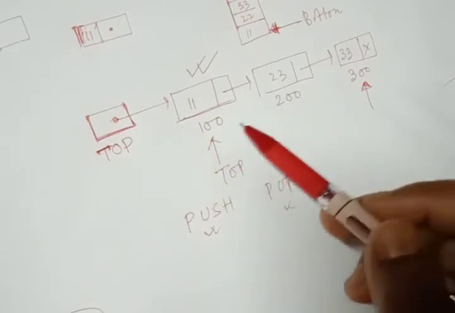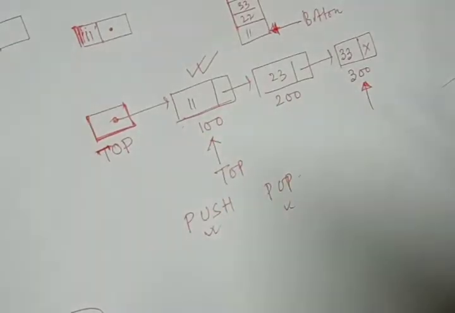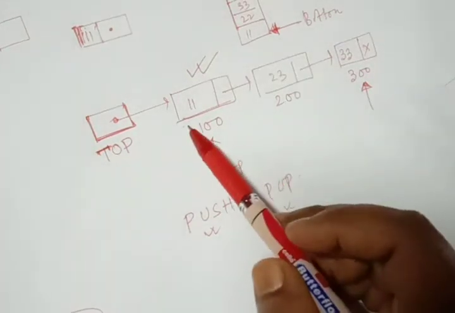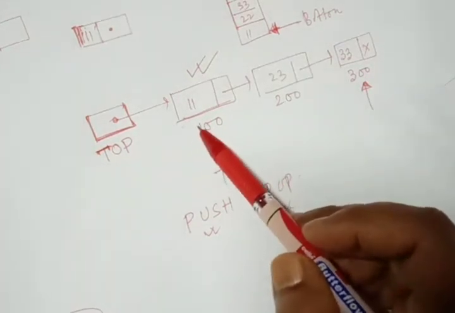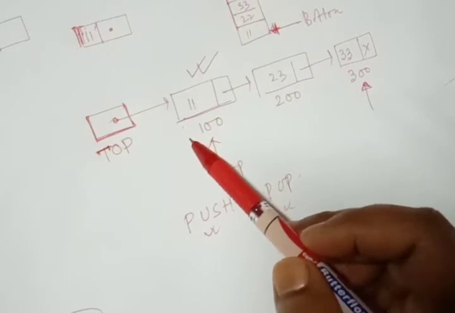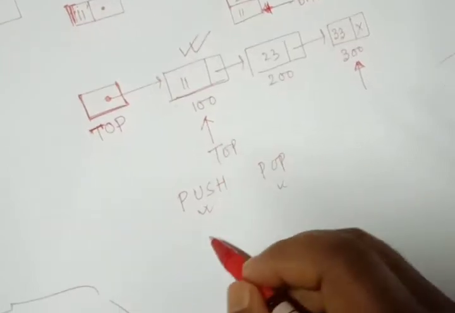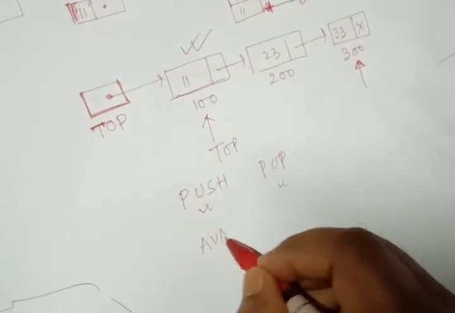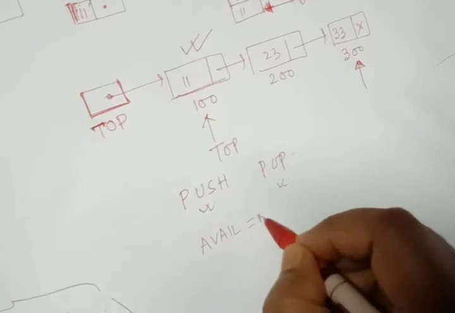And there are two conditions, the overflow condition and the underflow condition. Overflow will occur if the storage list is full, that is, avail is null, and underflow will occur if top equals null. So these are the two conditions we have to maintain in case of push and pop.